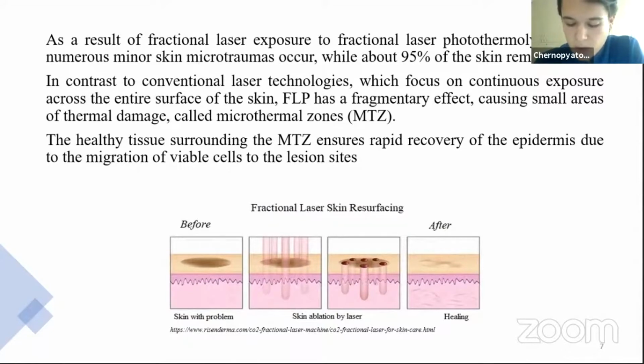In contrast to conventional laser technologies, which focus on continuous exposure across the entire surface of the skin, FLP has a fragmentary effect, causing small areas of thermal damage, called microthermal zones. The healthy tissue surrounding the MTZ ensures rapid recovery of the epidermis due to the migration of viable cells to the lesion sites.